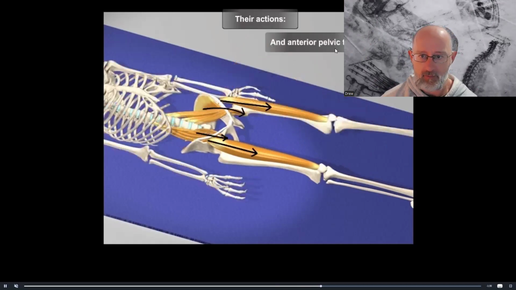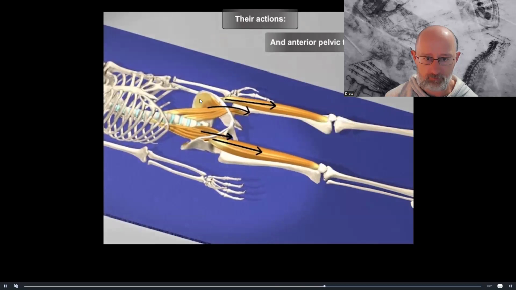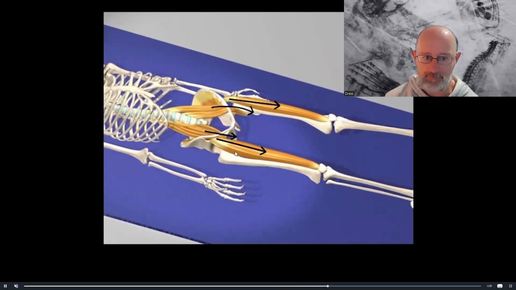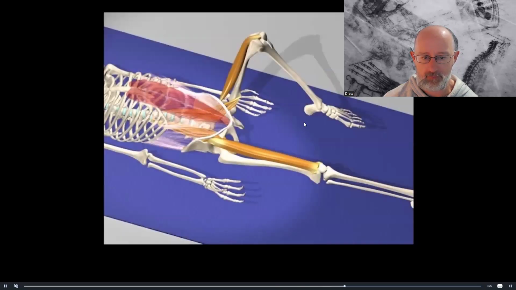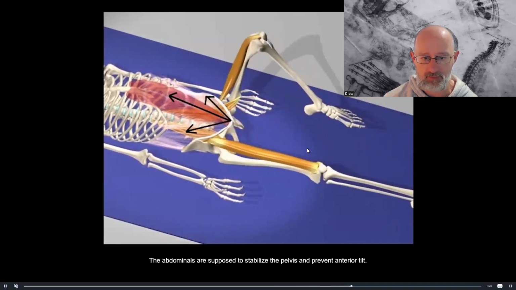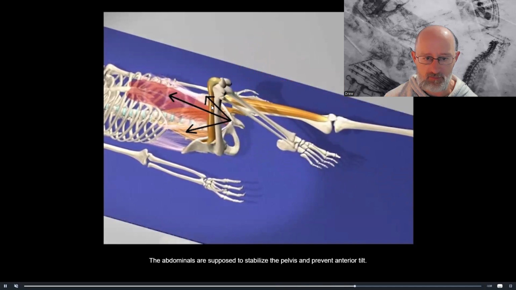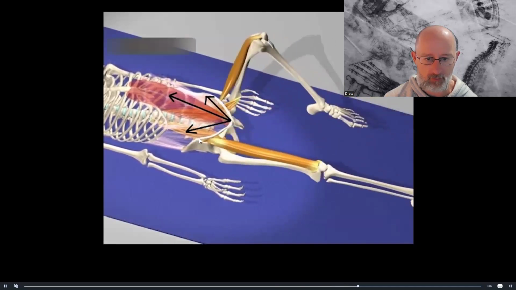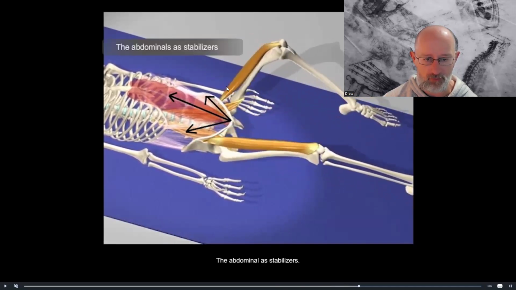Okay, so they will anterior pelvic tilt, great example of that. Pulling the anterior pelvic tilt into that position. So when you're doing your bicycles, what we want is this really nice example here of the abdominals as stabilizers.